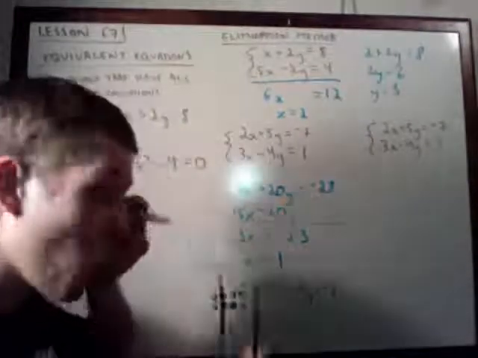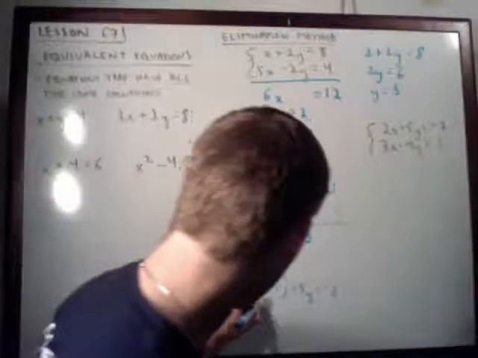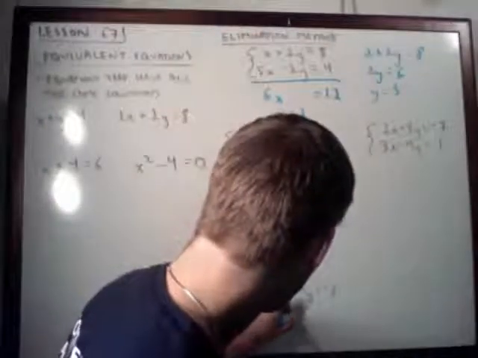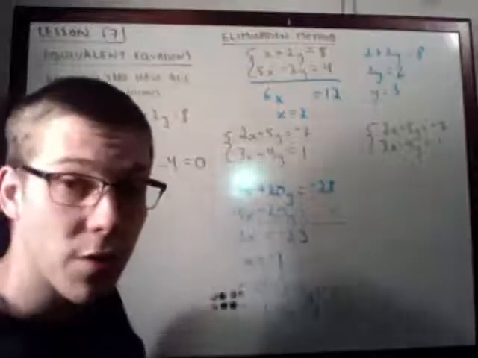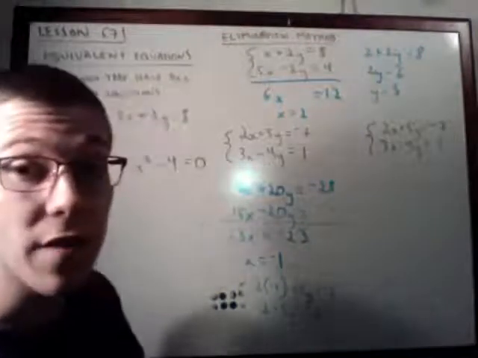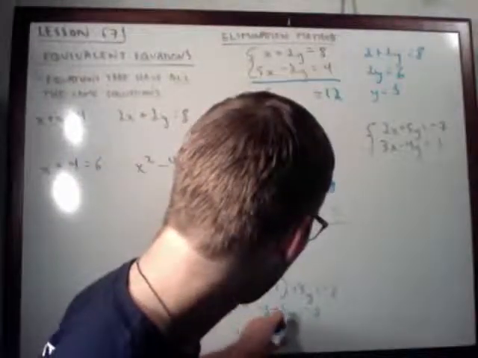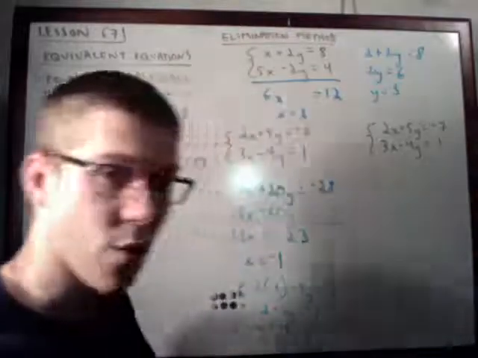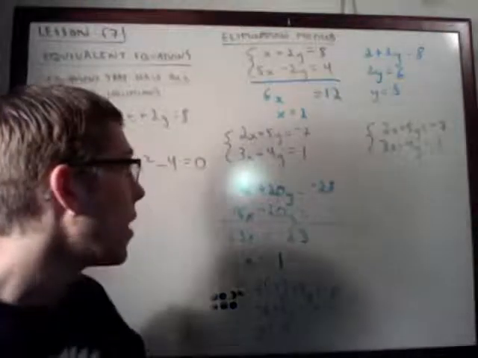So it's negative 2 plus 5y gives us negative 7. Add 2 to both sides, we get 5y is equal to negative 5, and y is also going to be negative 1. So negative 1 comma negative 1 will be our solution there.